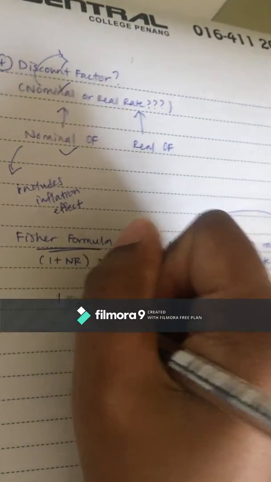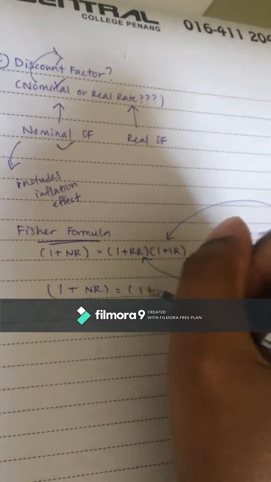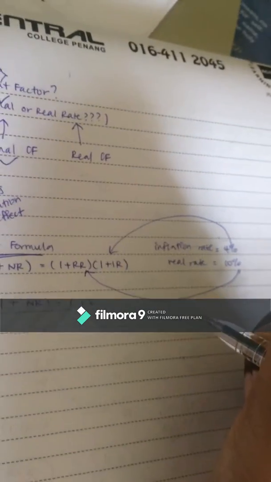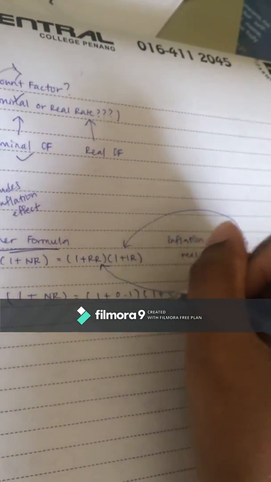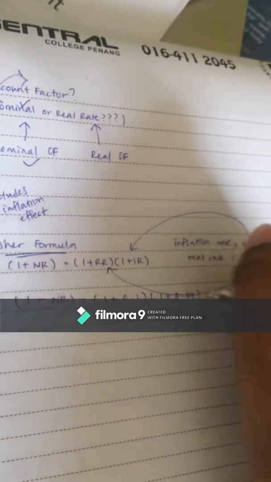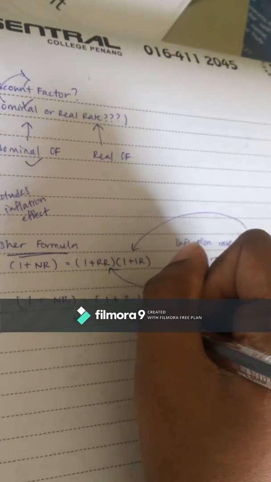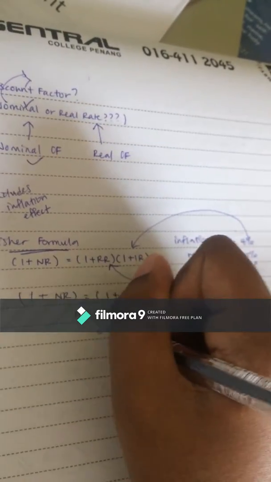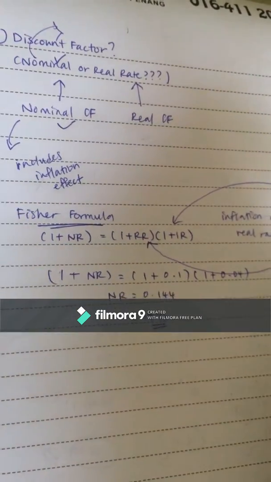So 1 plus nominal rate equals 1 plus real rate of 10% times 1 plus inflation rate of 4%. So you will get nominal rate equals 0.144, which means the nominal rate is 14%. So it's as simple as that.